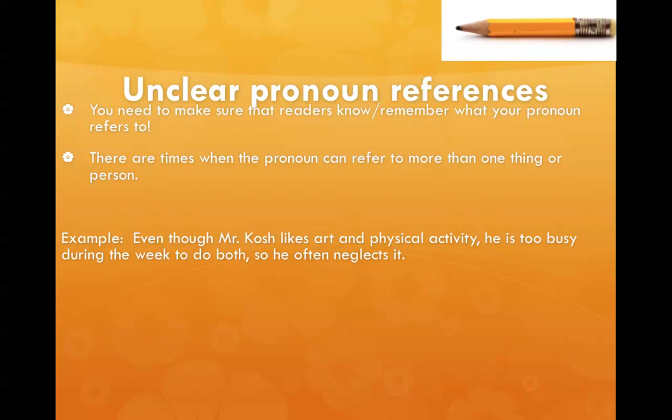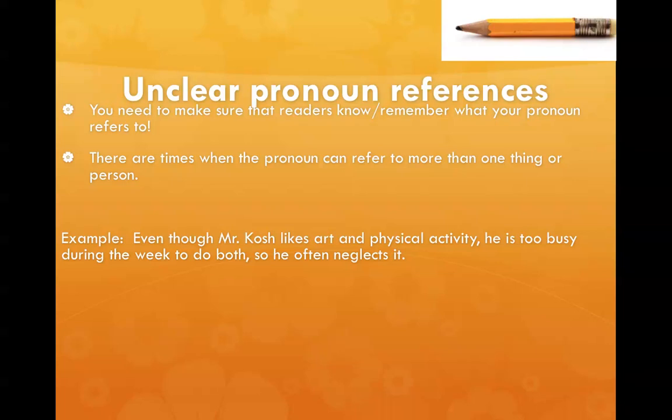So let's look at this example. Even though Mr. Kosh likes art and physical activity, he is too busy during the week to do both, so he often neglects it. So the it is correct because I'm referring to one of the activities that he neglects to do. However, because I say it and there are two activities, you are unsure which activity he neglects.